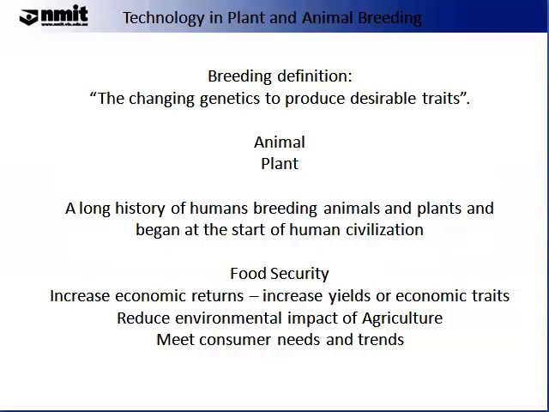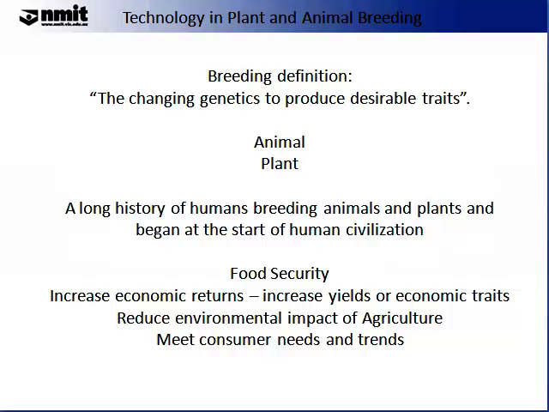So let us start with the definition of breeding. Breeding is when you change genetics to improve desirable traits. Breeding has been conducted on both animals and plants. In fact, humans have a very long history of breeding with animals and plants, and this began at the start of human civilization.